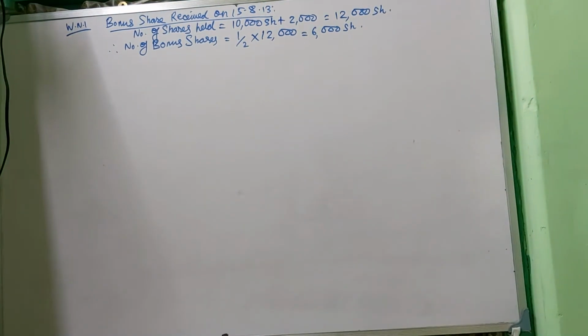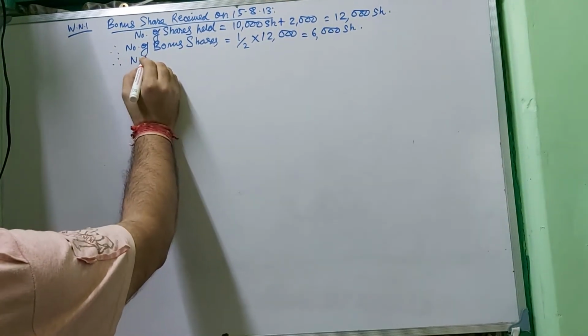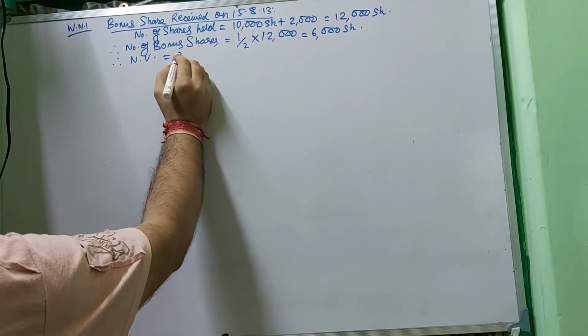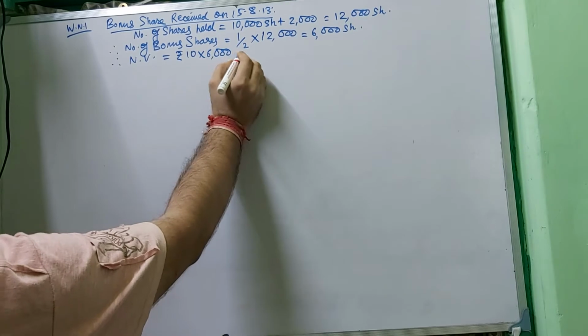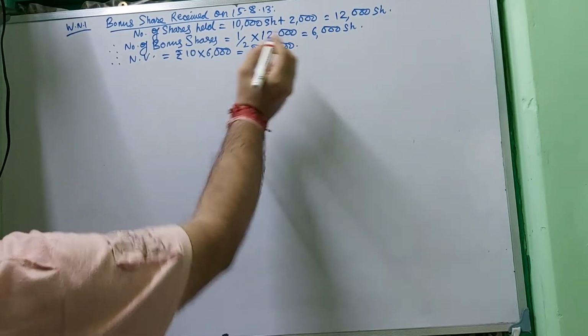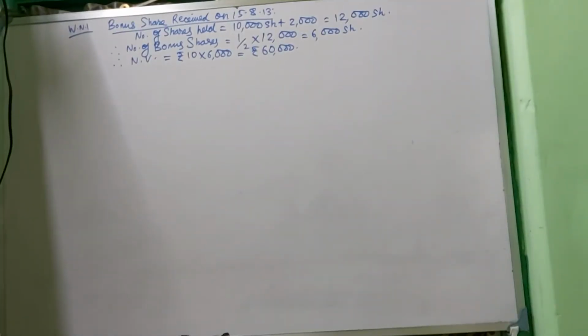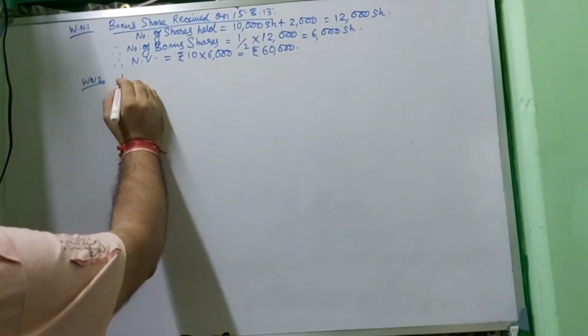The nominal value, the face value, is 10, so rupees 10 into 6,000 shares becomes rupees 60,000, right?